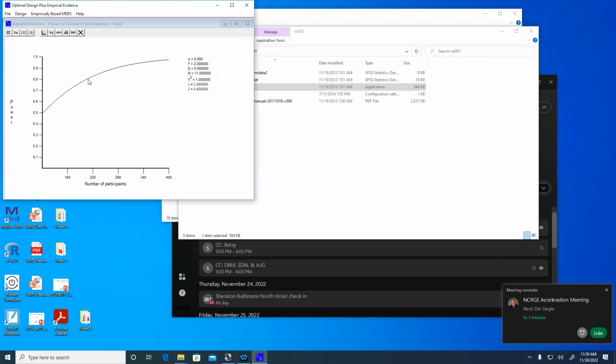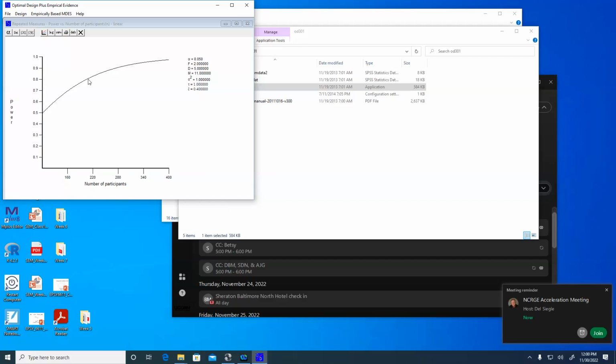But that will vary as a function of the number of time points as well. Remember, I set the number of time points. So you can mess around with, for a given effect size, is it better to add time points or is it better to add people? Make sense?